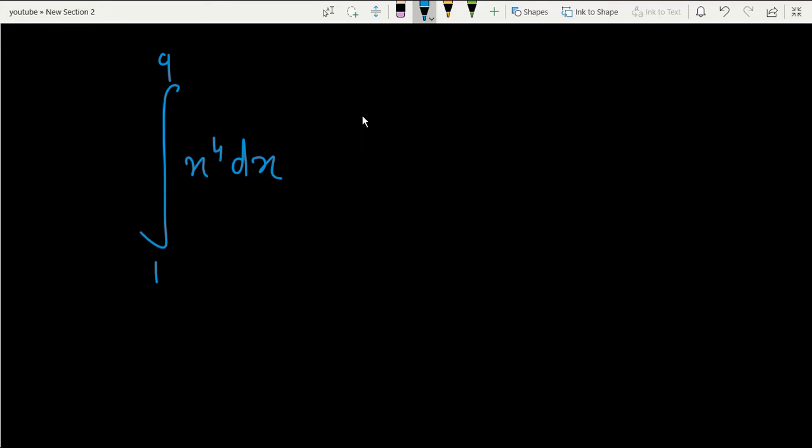First, you're going to integrate as normal. So x raised to n plus 1 by n plus 1 is the formula. So x raised to 4 plus 1, which is 5, by 5.